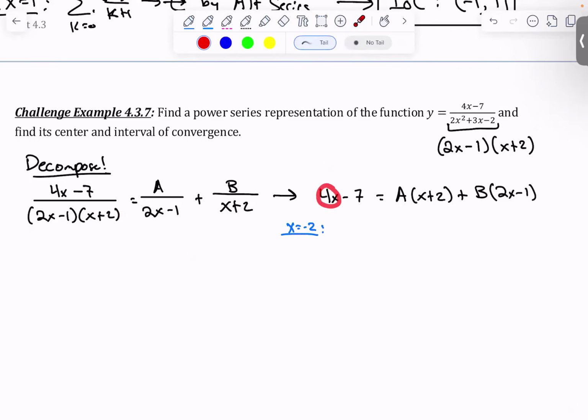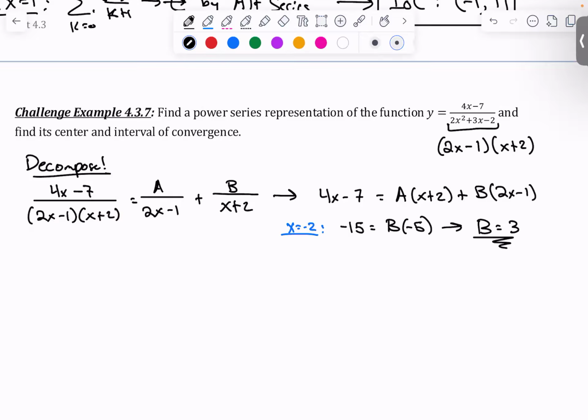That would give me -8, because it'd be 4 times -2. -8 minus 7, that's -15. The a will go away, because it'll be a times (-2 plus 2), which goes away. And then I've got b times -5, which gives me b is equal to 3. And then to get rid of the b term and solve for the a term, I need to use x equals 1/2.